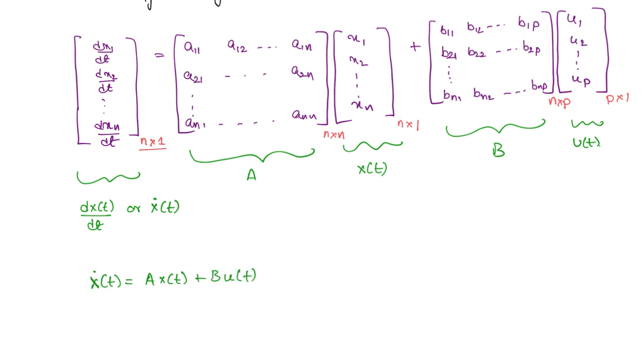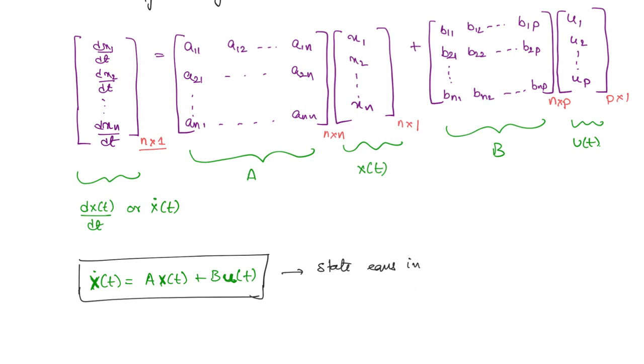Remember this x and this u here are all vectors. These are not just a simple function u of t, but these are vectors. So it is better if you write them in bold. So these are the state equations, written in terms of the vectors x of t, x dot of t and u of t.